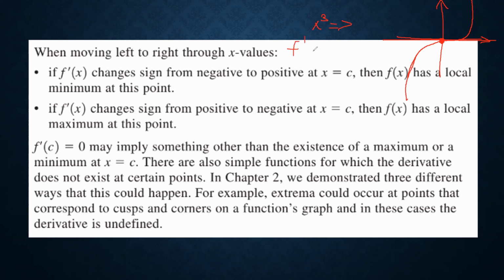Let me find the derivative of my function, that is x to the third power. Can you remind me, guys, what would be my derivative? 3x squared. Perfect. So first things first, I see that when x equals 0, my derivative f prime of x also equals 0, right?